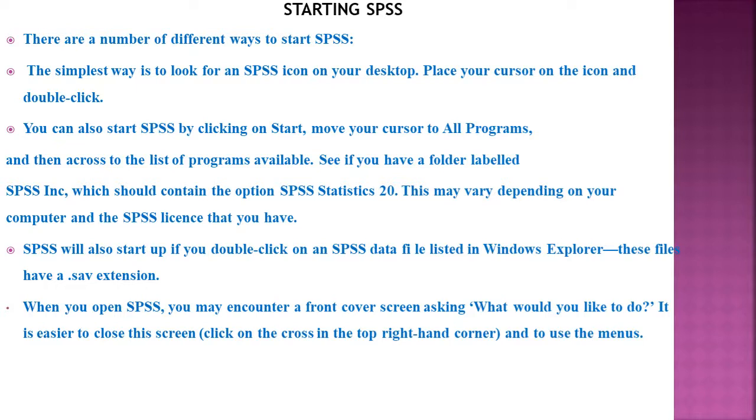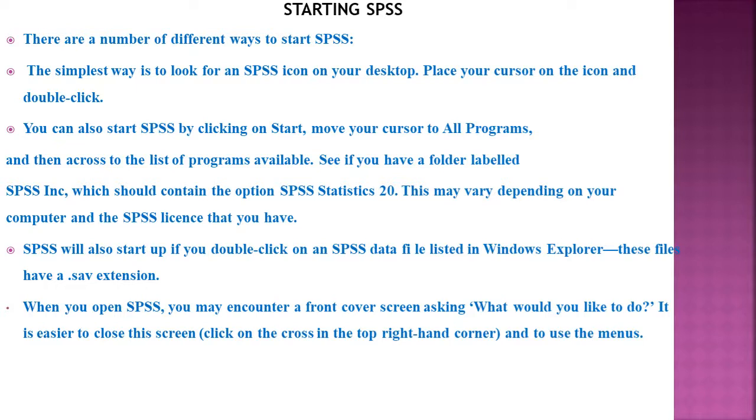This may vary depending on your computer and the SPSS license that you have. SPSS will also start up if you double-click on an SPSS data file listed in Windows Explorer. These files have a .sav extension.